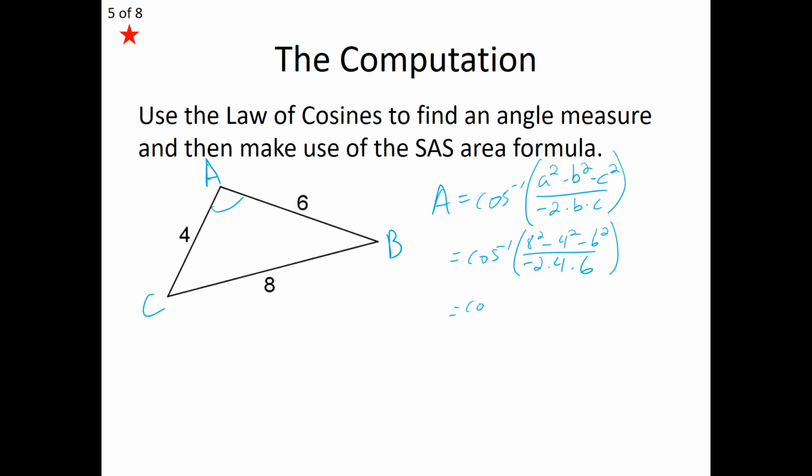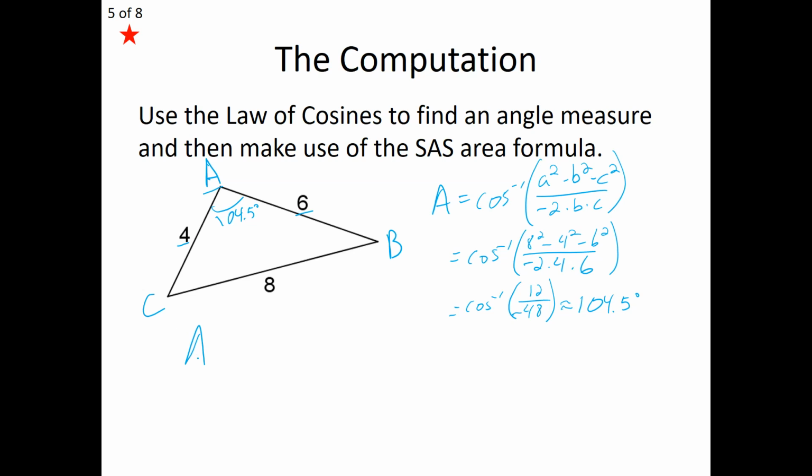Now, I'm going to evaluate the numerator first. 8 squared minus 4 squared minus 6 squared, I get a positive 12. And then multiplying my denominator, negative 2 times 4 times 6, I get negative 48. Now I can take the inverse cosine of that, and I roughly get the angle measure to be 104.5 degrees. So there's the missing angle measure for angle A. And now you see we've got a side-angle-side pattern.